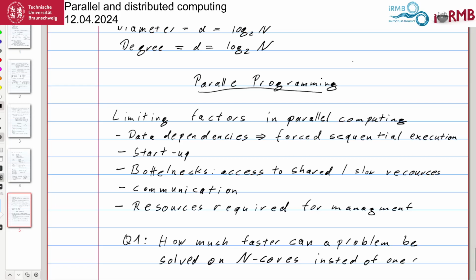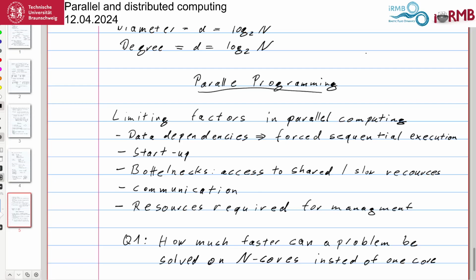So this is basically the bricklayer example. You just want to build this one column, and the question is, you take more bricklayers, how much faster can they build this one column?